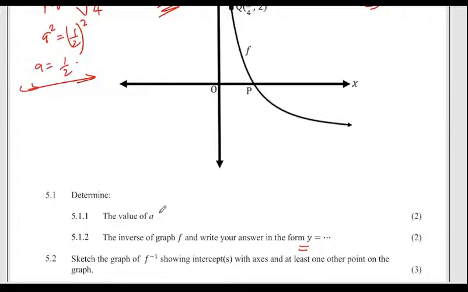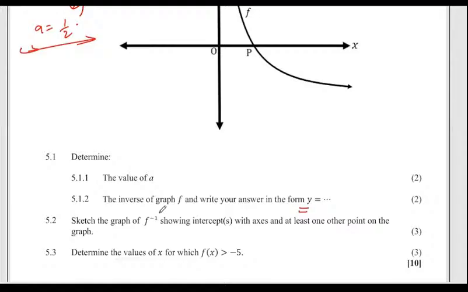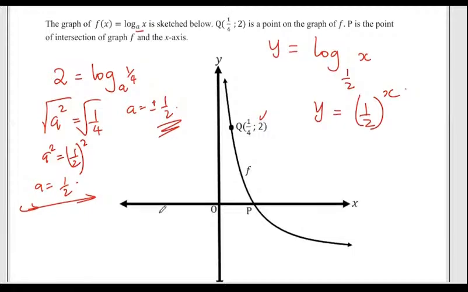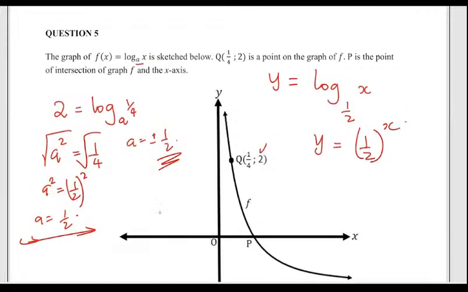5.2, they want us to sketch this inverse, and we must show at least 1 point. Now, if y is 0, what would be the x?